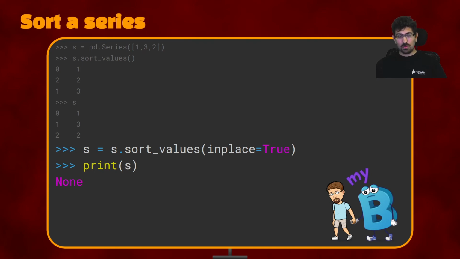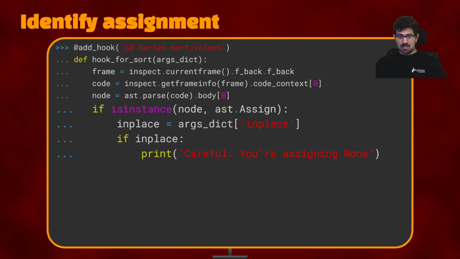So now we can tell the user the exact same thing I just did, but we need a way to see if this was an assign operation or just an expression. And that's fine, because now we have the tools. So let's add a hook upon pd.Series.sort_values.